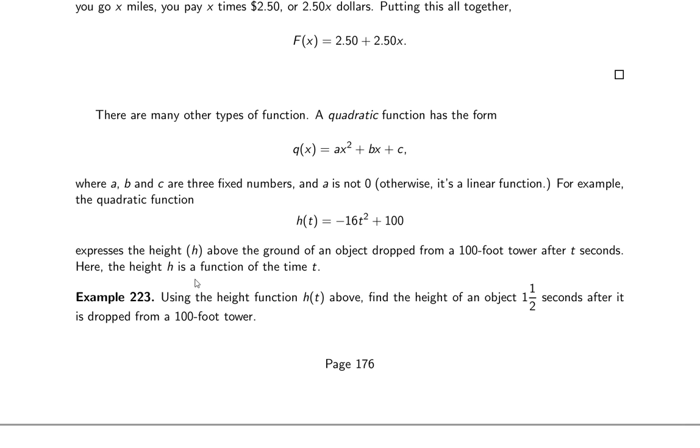And this one's telling you something, like the example we saw earlier. If you drop something from a 100-foot tower, then after t seconds, the object is at height h of t. So this function h is giving you the height in feet of an object that you drop from a tower.